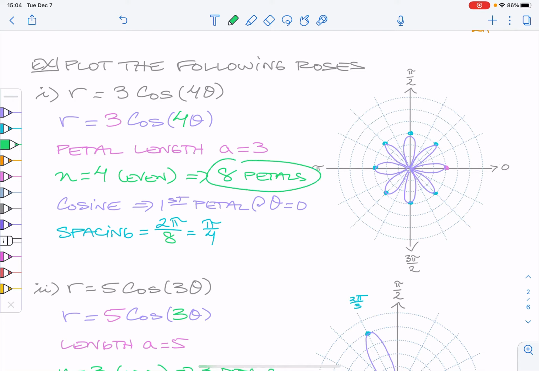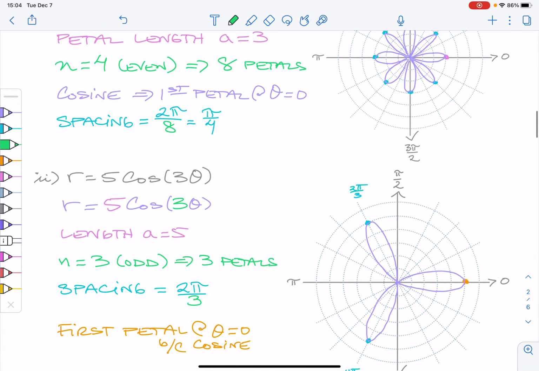So the 8 petals have to be spaced into 2 pi radians, so every pi over 4 units. So I start my first petal at 0 radians, and then I tick off every pi over 4 radians to where I put my next petals, right? And then I just draw a nice little daisy or rose, quote unquote rose, which looks like a daisy, connecting all of those to the pole.